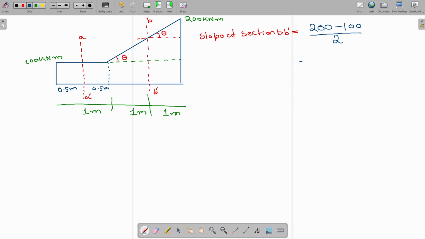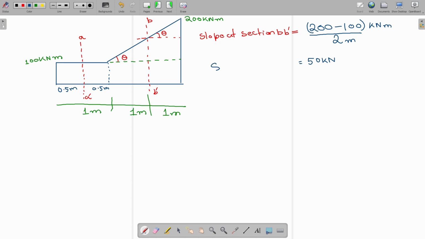So at section BB dash, it is 50 kilonewton. This is in meter and the above is in kilonewton meter. Therefore, this is the answer: slope at section BB dash is equal to this.